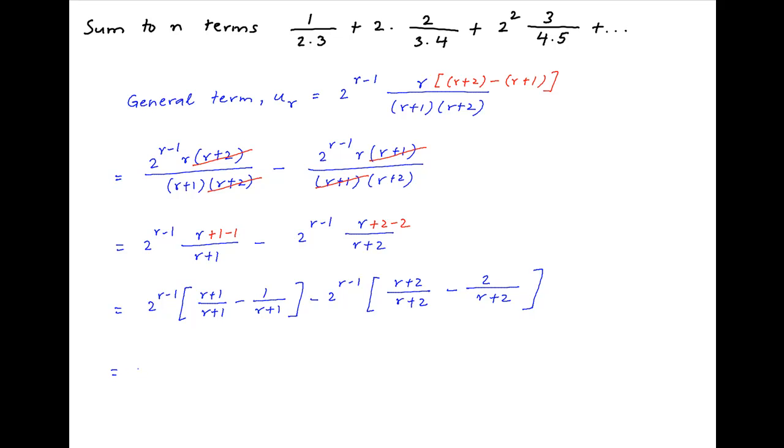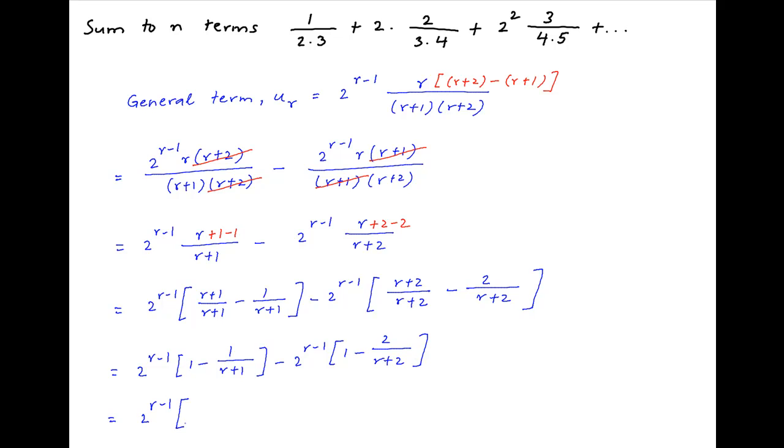This can be written as 2^(R-1) multiplied by, in brackets, 1 minus 1 upon (R+1), minus 2^(R-1) times, in brackets, 1 minus 2 upon (R+2).